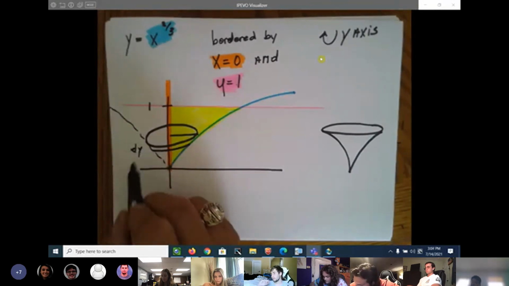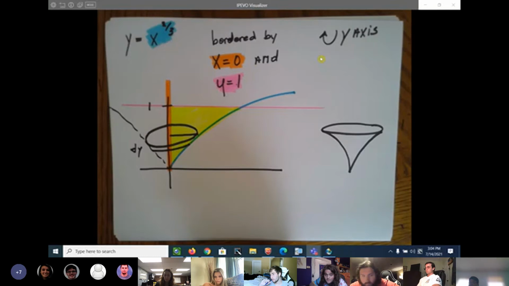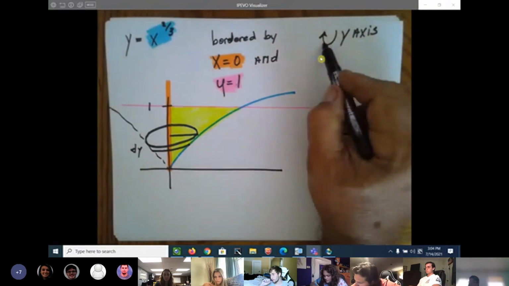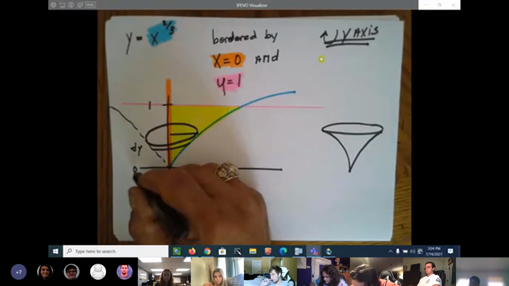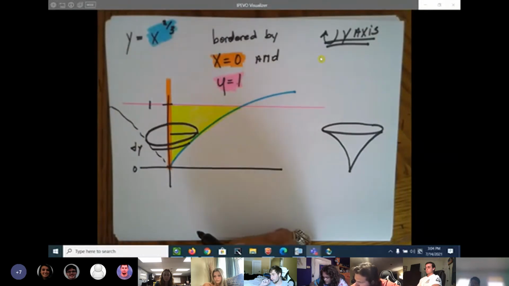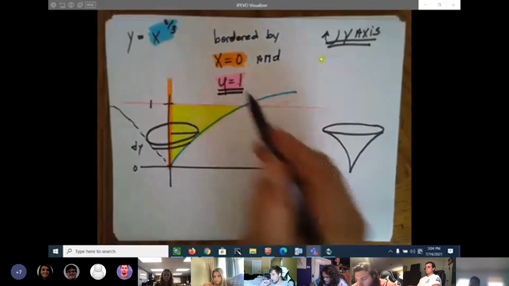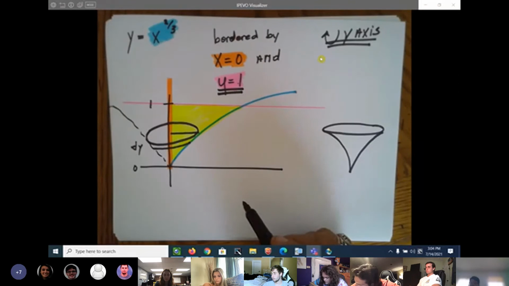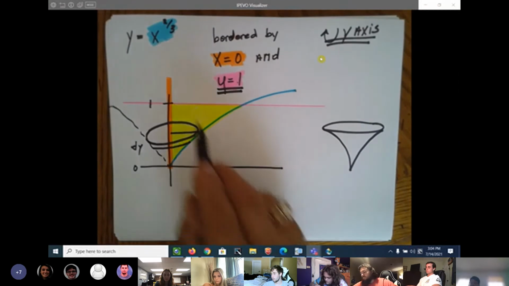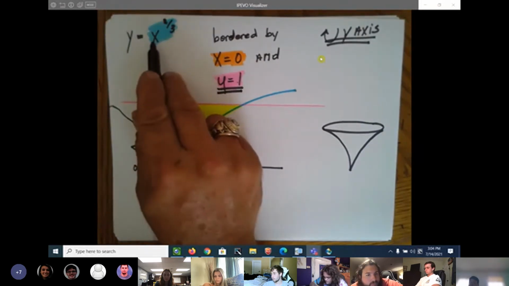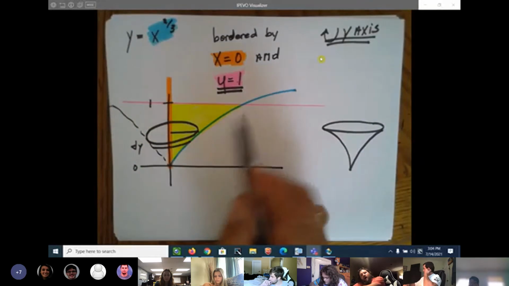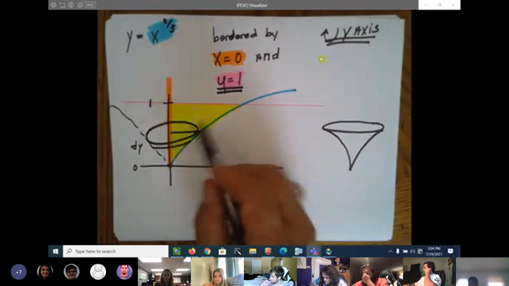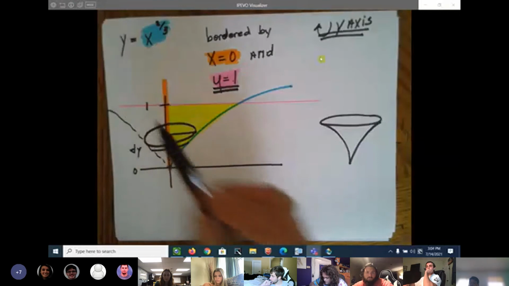So dy is the width. We've got y right here, and we've got our y's right here, 0 and 1, because that is in terms of y, and you cannot put a negative in here. So you know this above, so it's this area, so 0 to 1.